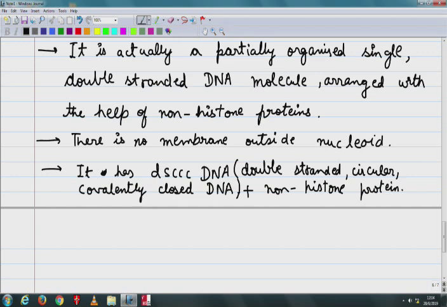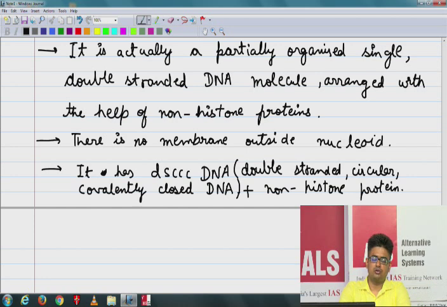Very recently, 1 or 2 years ago, it has been concluded that mesosome is not an actual structure. It is actually a result of cell damage. Whenever the plasma membrane is damaged during microscopy, it becomes mesosome. But you do not need to remember these things. You will only remember that the plasma membrane becomes infolded like a banana leaf, and that forms the mesosome. We will have to wait until the NCERT changes its information. So right now, we will remember this only.